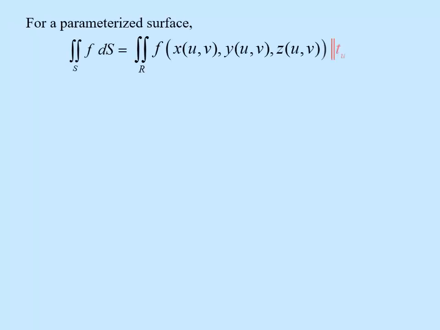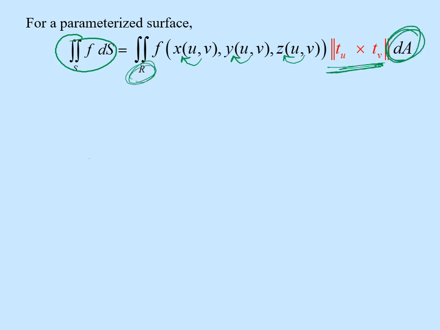So if we have a parameterized surface, then we evaluate our surface integral by plugging in the parameterization for our x, y, and z components, doing our factor of integration, cross product, tu, tv, and the magnitude of that, and then describing our region in whatever way we see best.